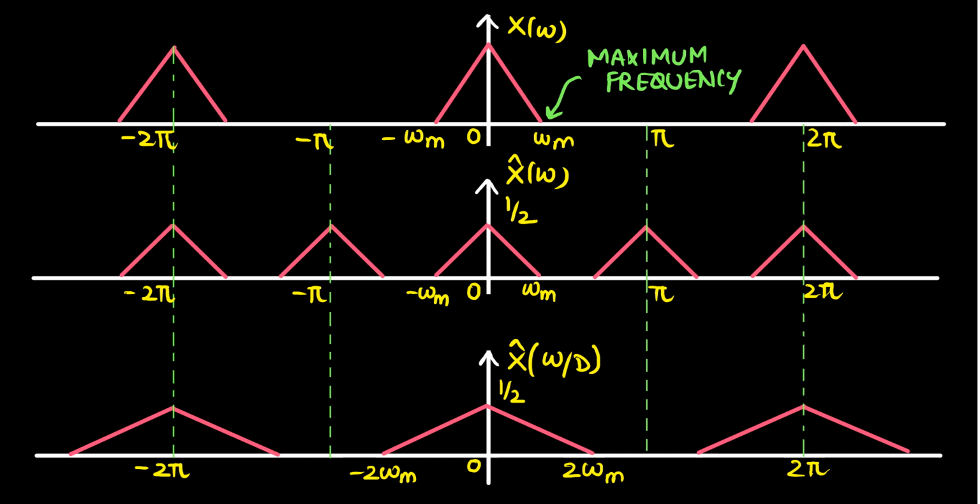Similarly, whatever was available at pi will now be available at 2 pi. Similarly, omega m would again be scaled by 2, so that would be available at 2 times omega m, and minus omega m would be available at minus 2 times omega m. So if we observe x of omega and x hat of omega by 2, we are obtaining some kind of stretching effect in the frequency domain.